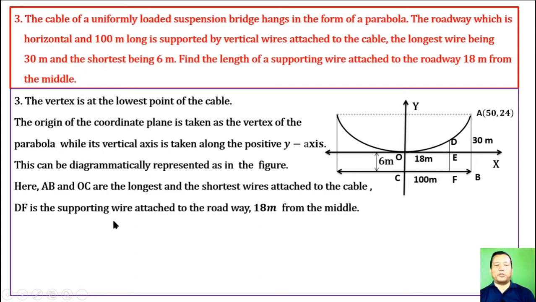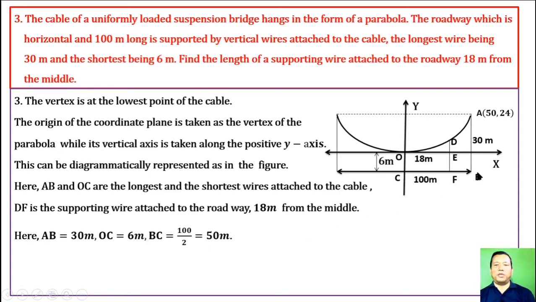DF is the supporting wire attached to the roadway 18 meter from the middle. This is the middle. This is 18 meter from O. This is the length of the wire attached 18 meter from the middle of the cable. Here AB is 30 meter, OC is 6 meter.